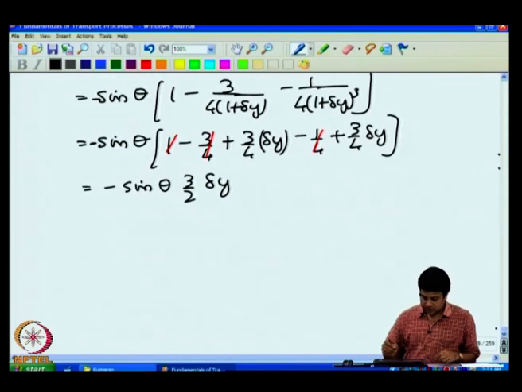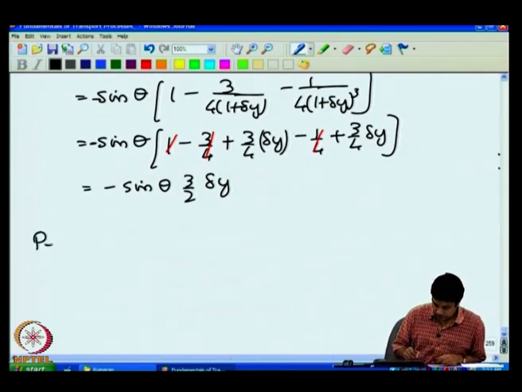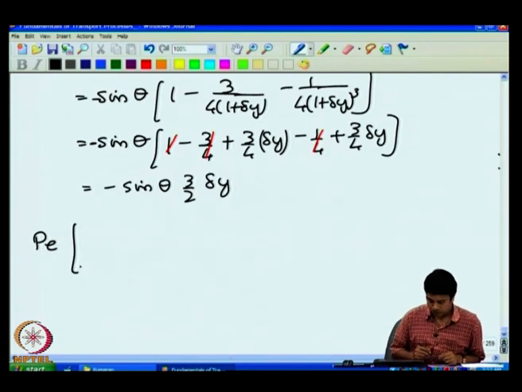So, I now put this into my differential equation.